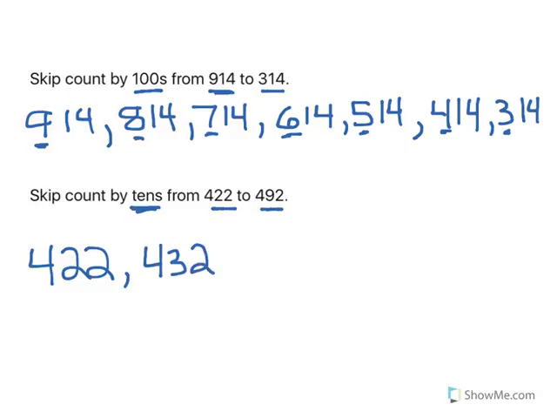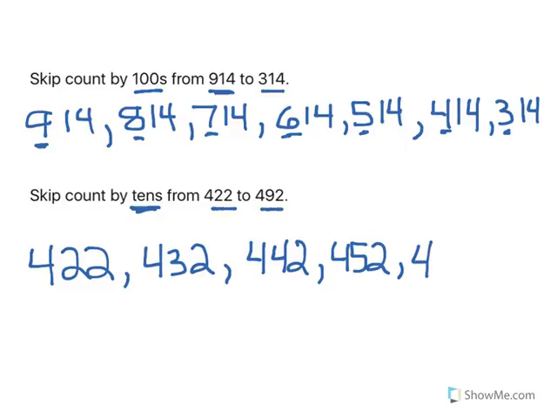My 100s and my ones are staying the same, and my tens are changing. So then I have 442, just changing my tens. 452, again changing my tens, leaving my 1 and hundreds the same.